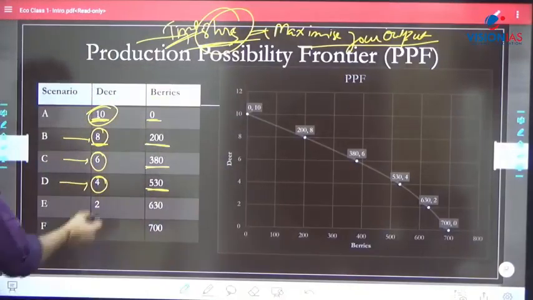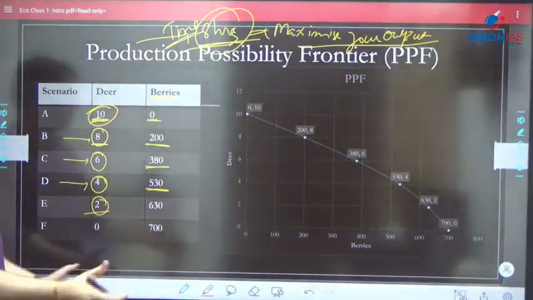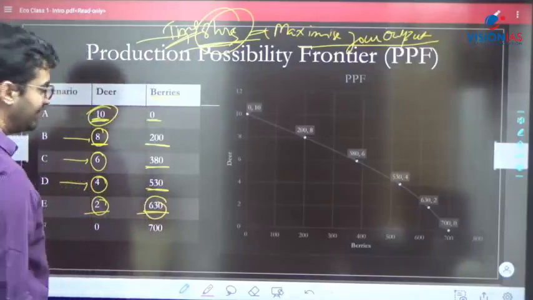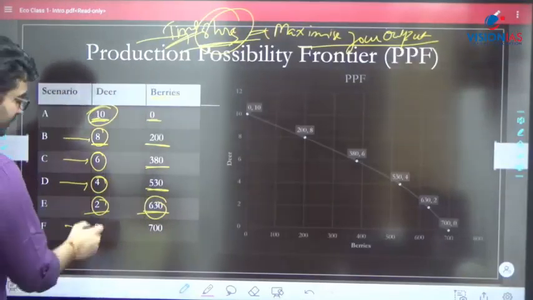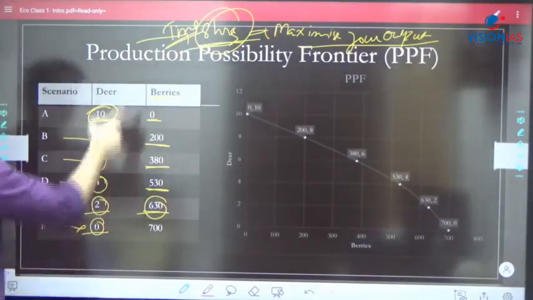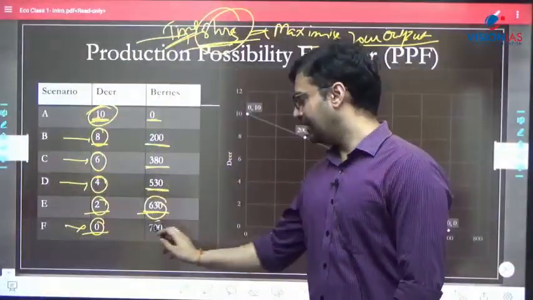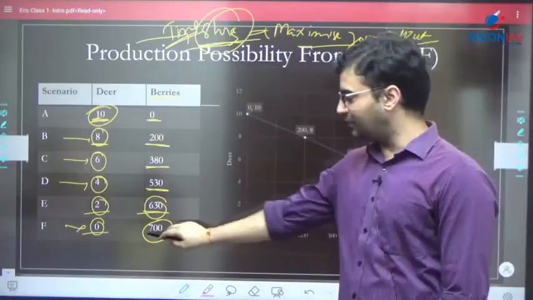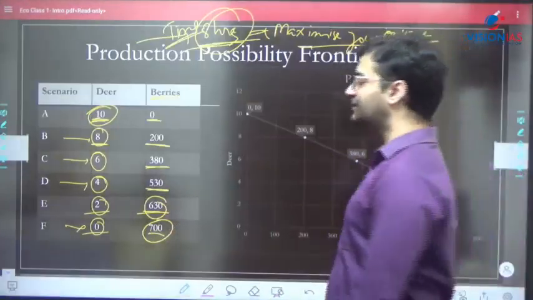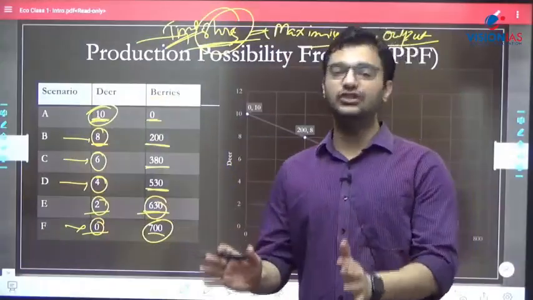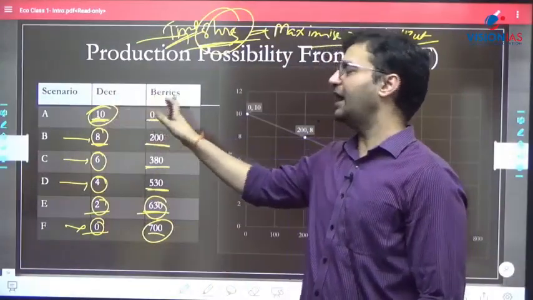Scenario E, you hunt 2 deer, so there is a lot of time left, and you are able to gather 630 berries. And scenario F, you don't spend any time hunting deer, the entire day is spent gathering berries, so you are able to gather 700 berries. So you have 6 scenarios, A, B, C, D, E, F, different combinations of hunting deer and gathering berries.